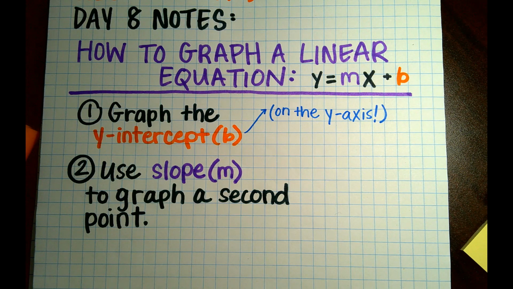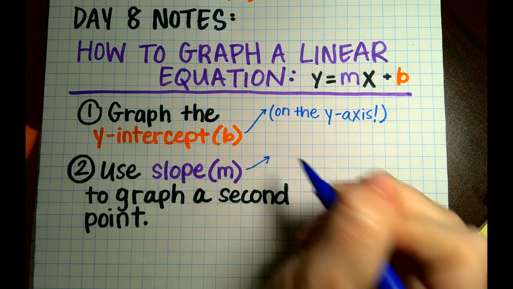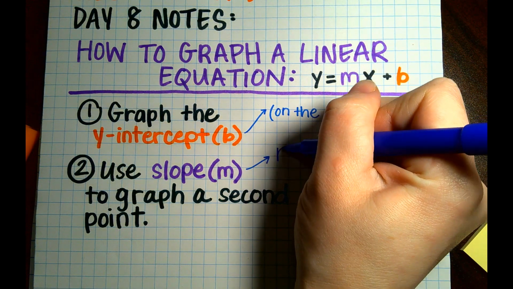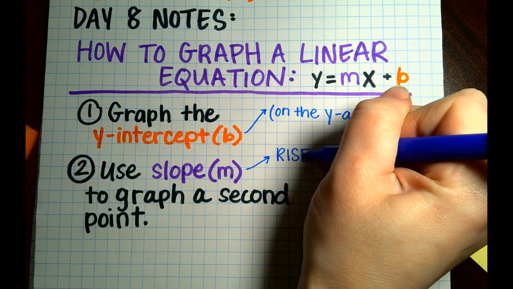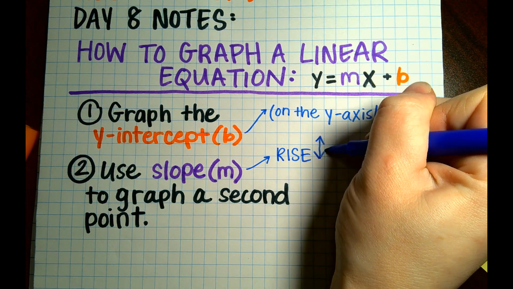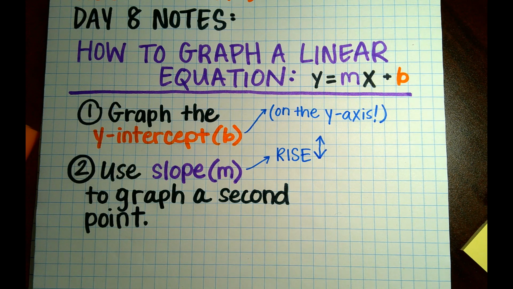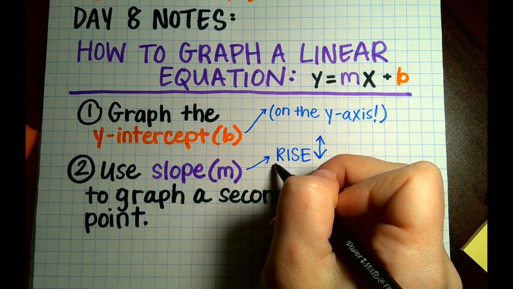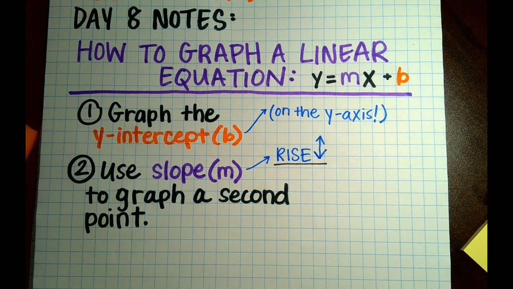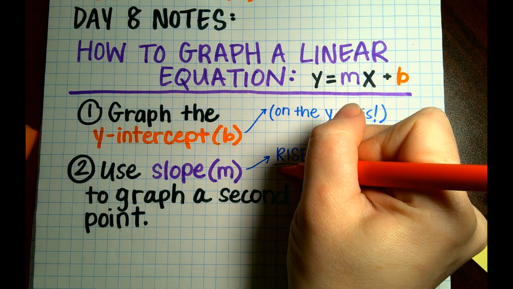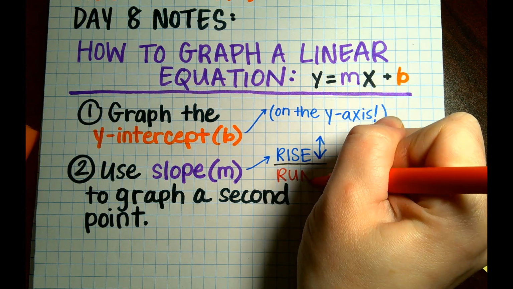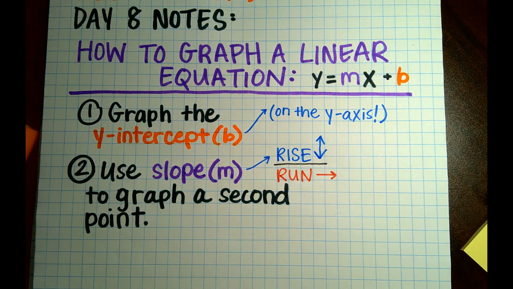And we will recall that slope is the same as rise, or how high up or down we need to move, over run, which is how far to the right we go. So that's step 2.